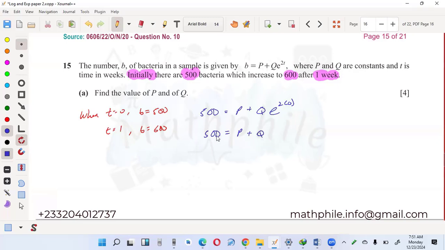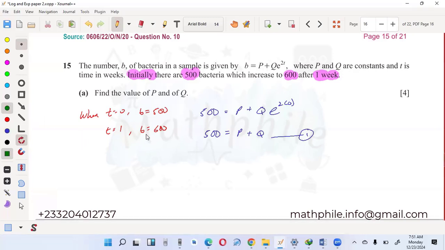You got this one? Yes. The next one, when t is 1: 600 is equal to p plus q e raised to the power 2. Is that okay? Yes, please.